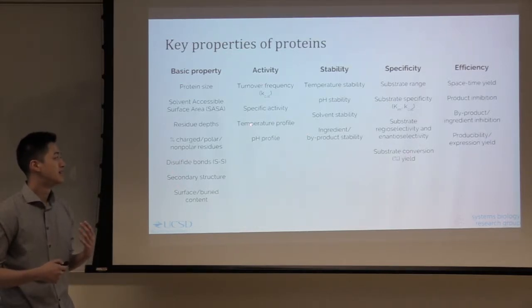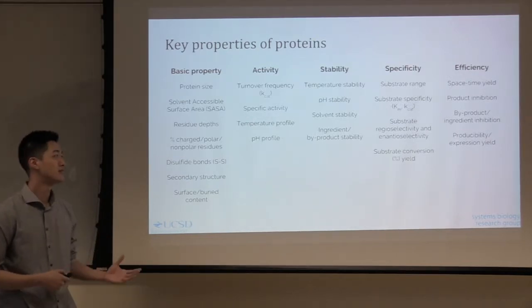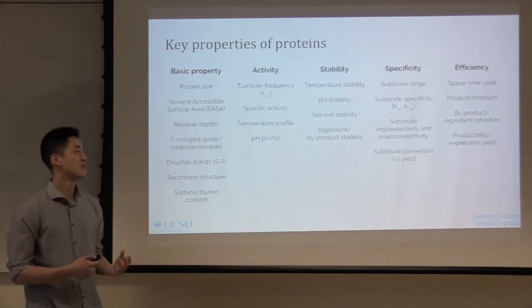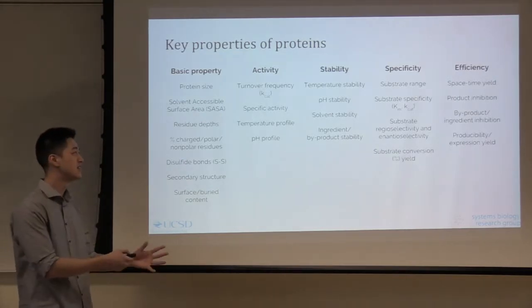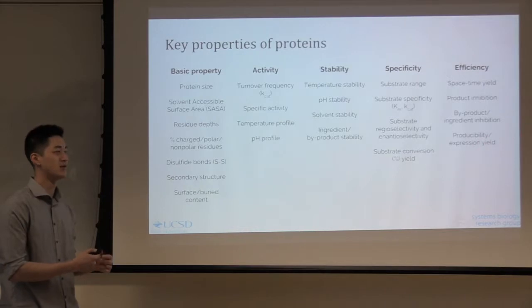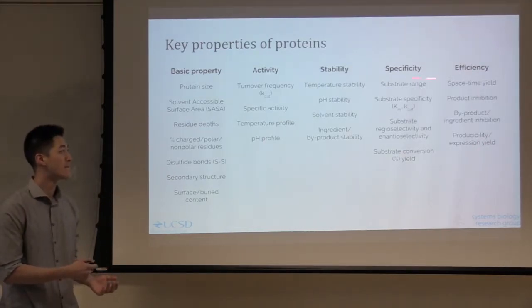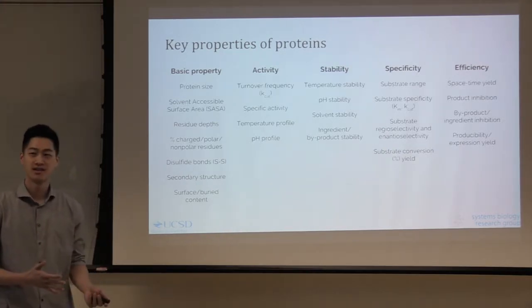But you can get into detailed enzyme kinetics and activity at certain temperatures, different pH, stability at, again, different temperatures, different pH, specific enzyme rates, reaction rate for a substrate that you're interested in, and how efficient your protein, your enzyme is. And a lot of these properties are important in terms of protein engineering and strain design.